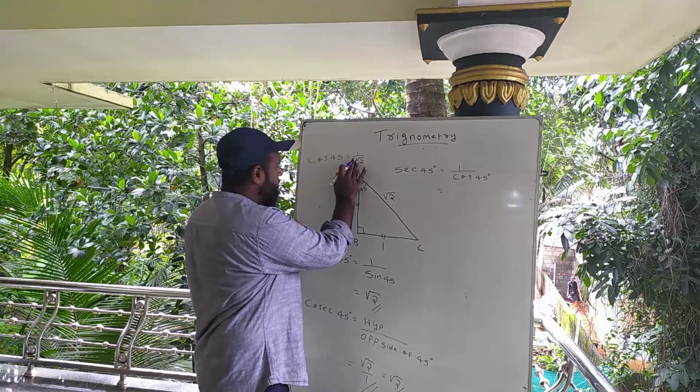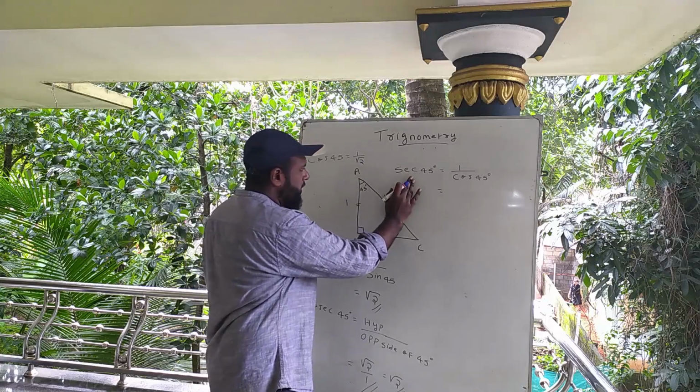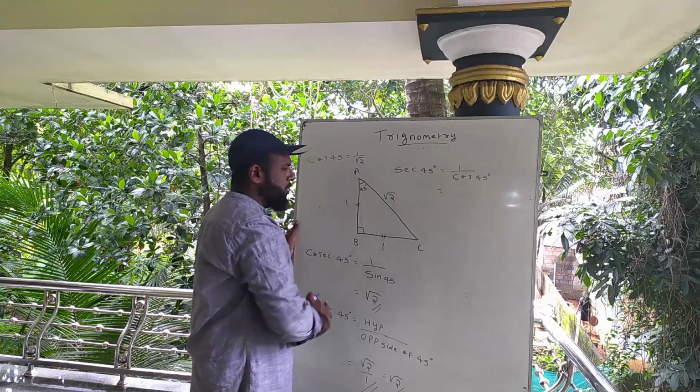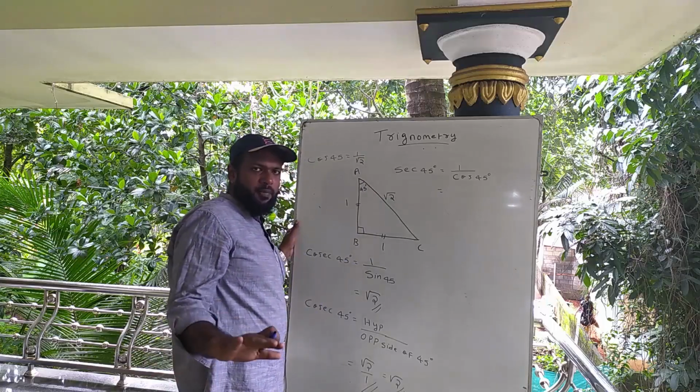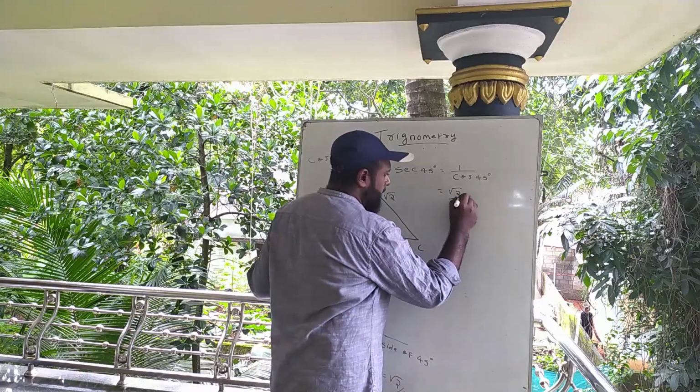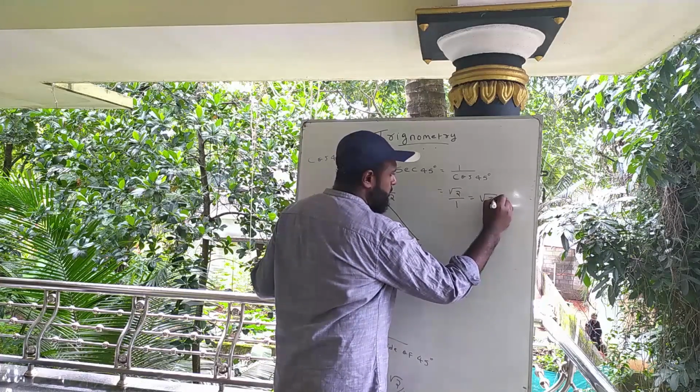Cos 45 equal to 1 by root 2. Sec 45 equal to 1 by cos 45. We have to find the reciprocal of 1 by root 2. That is root 2 by 1 equal to root 2.